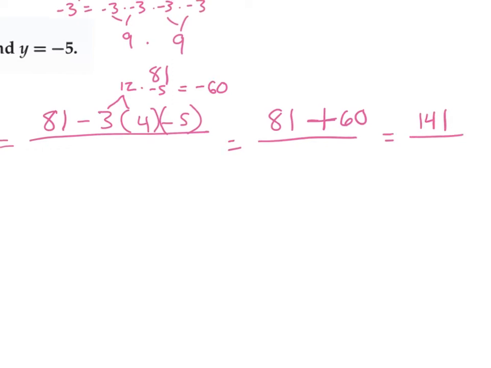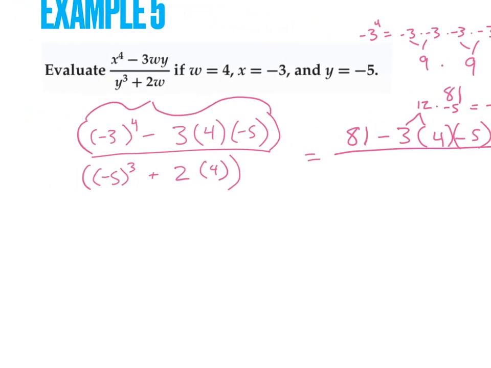All right, now that we have an answer for the top, we need to go back and do the bottom. What's the first thing we're going to do on the bottom? Exponent. So we have negative 5 to the 3rd power, which is negative 5 times negative 5 times negative 5.